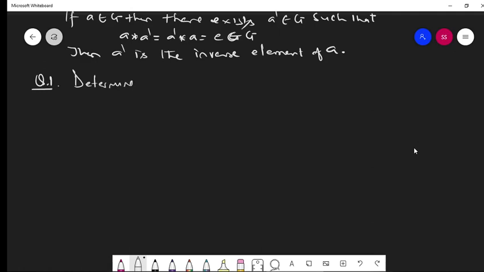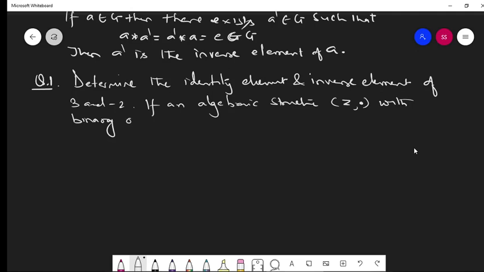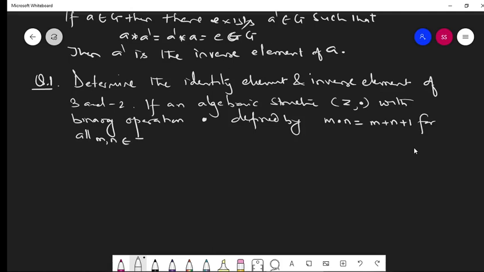Determine the identity element and inverse element of 3 and minus 2 if an algebraic structure (Z, dot) with binary operation dot defined by m dot n equals m plus n plus 1 for all m, n belongs to Z. Now the solution of this.